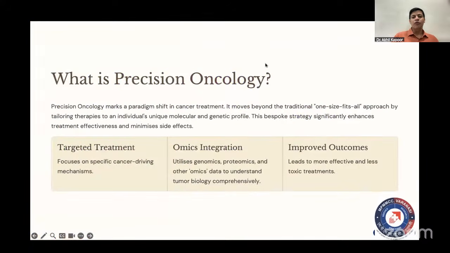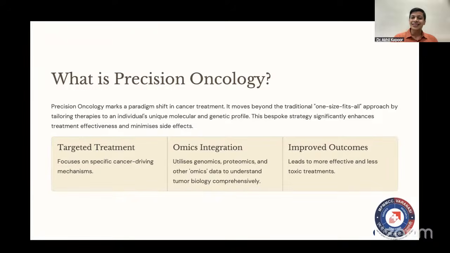So, what is precision oncology? We have understood cancer is a disease which is vastly heterogeneous. We cannot say one size fits all. Even chemotherapies are different for different cancers. Let's take the example of lung cancer, which is called the poster boy of precision oncology.